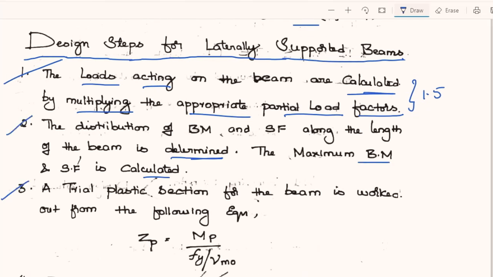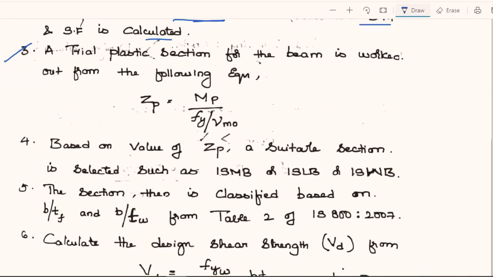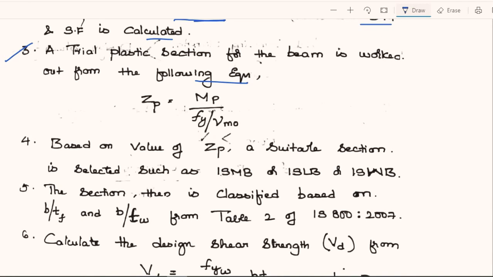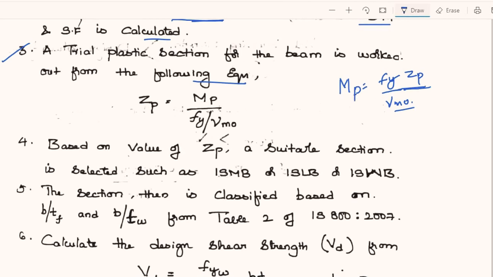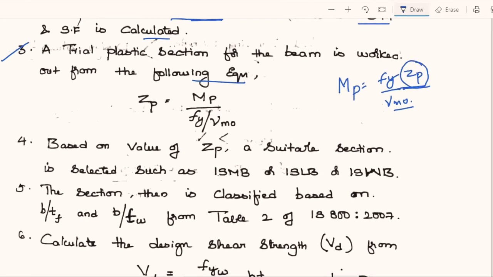Third one is a trial plastic section for the beam is worked out from the following equation. We have seen earlier in that Mp is equals to Fy into Zp, of course, with the partial factor of safety. So from this equation, you can calculate what is Zp, and based on Zp, you can calculate a suitable section.